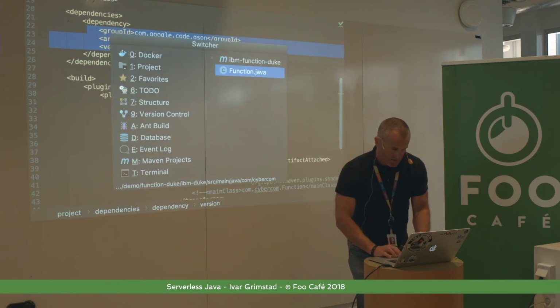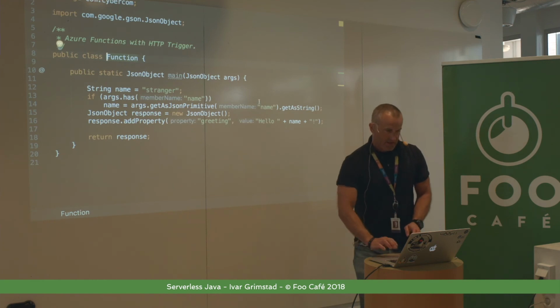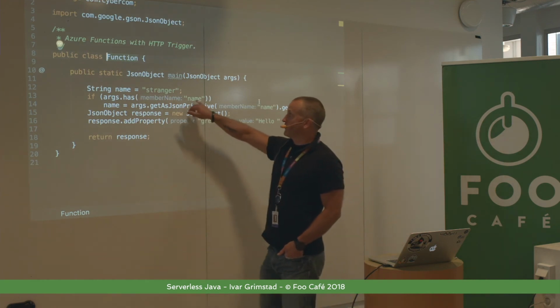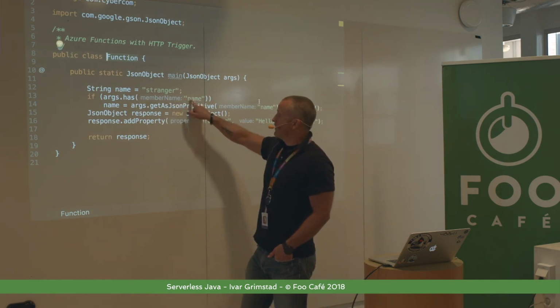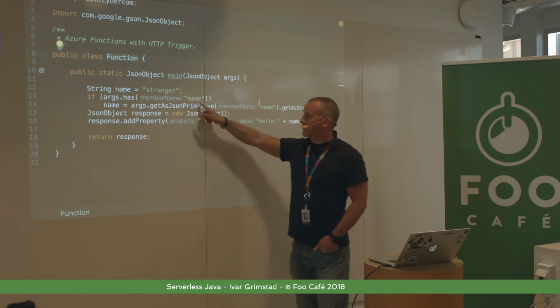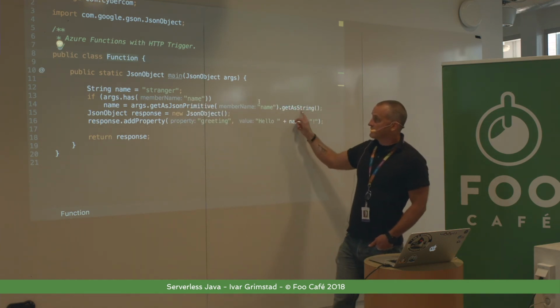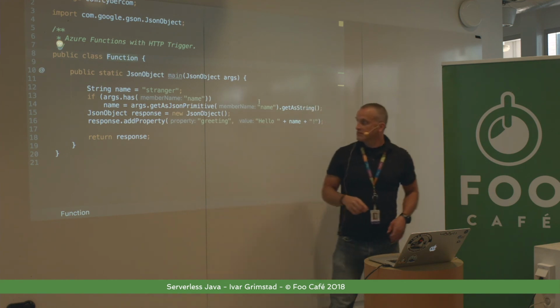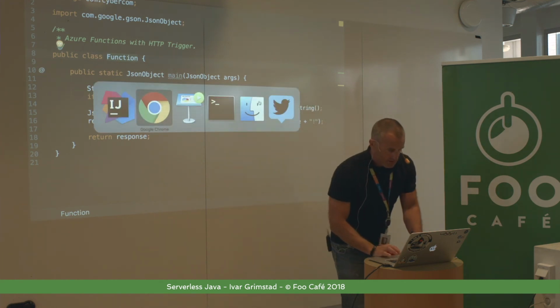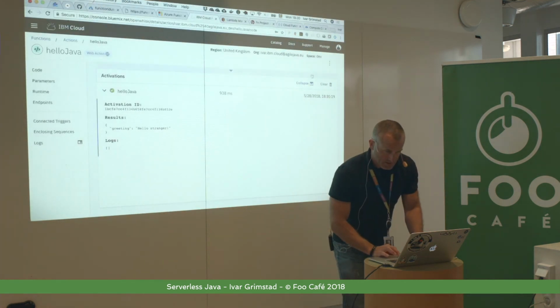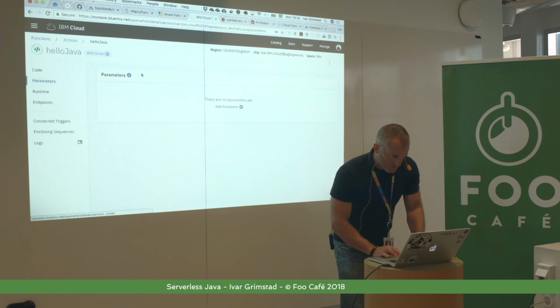So in the function it says if there is no name there, it will use stranger. So if I give it an input of a JSON here, let me see. Parameters, no. Let me see.